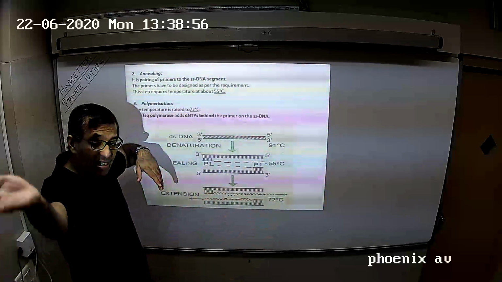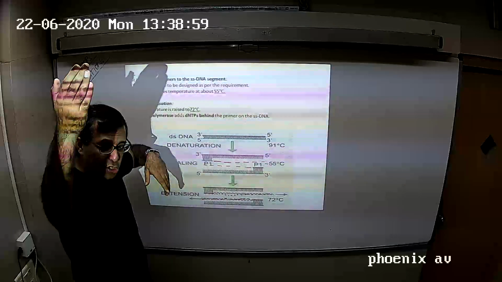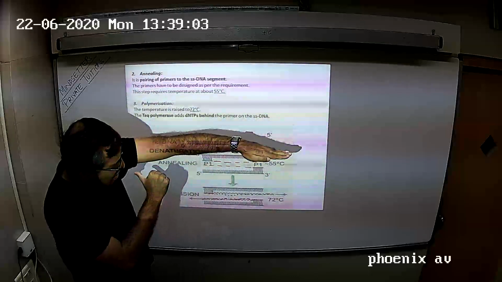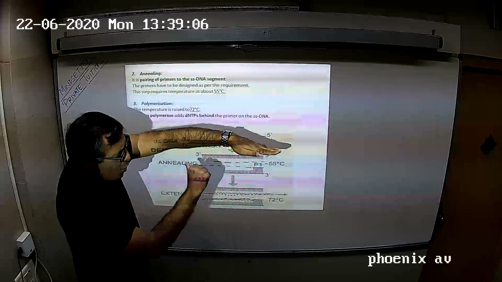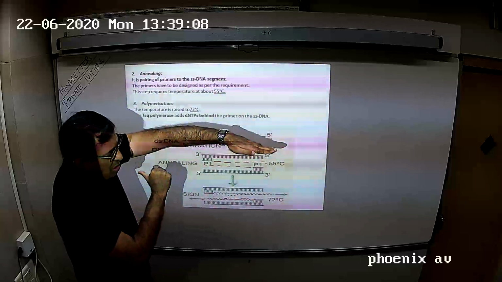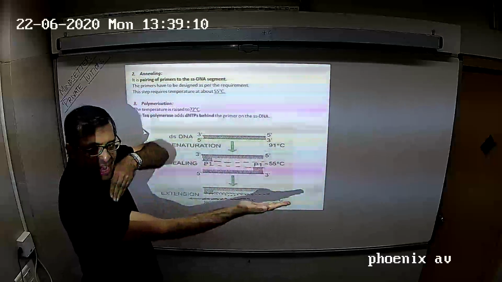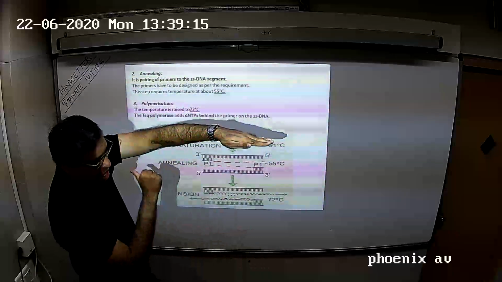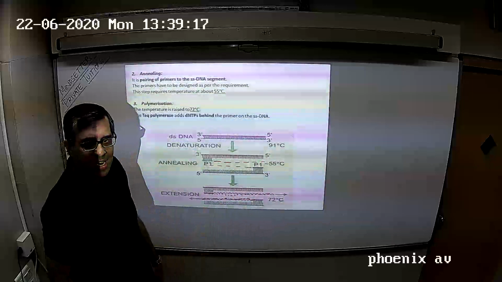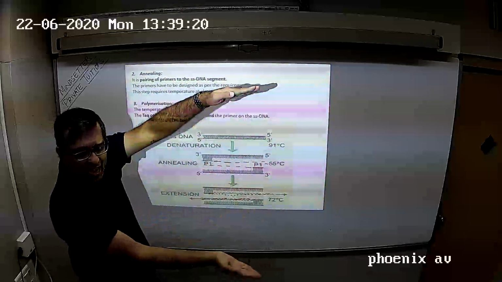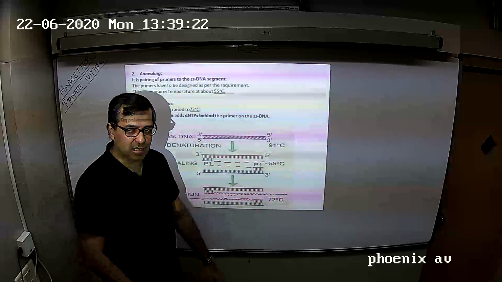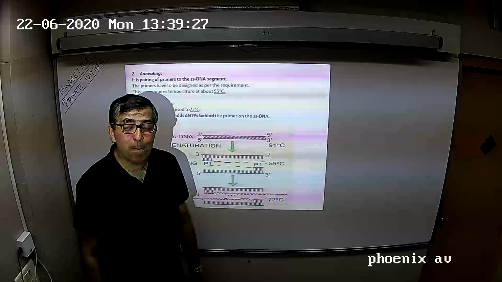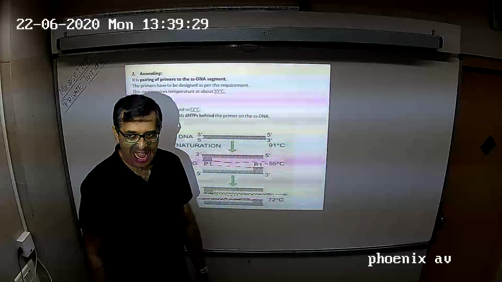When the temperature is raised again to 72 degrees Celsius, Taq polymerase or DNA polymerase starts supplying new nucleotides to the primer molecule in the forward as well as reverse direction. So from one double-stranded DNA, we have now got two double-stranded DNA, meaning one gene has amplified to become two genes. And what is this beautiful technique called? This is called PCR, polymerase chain reaction.